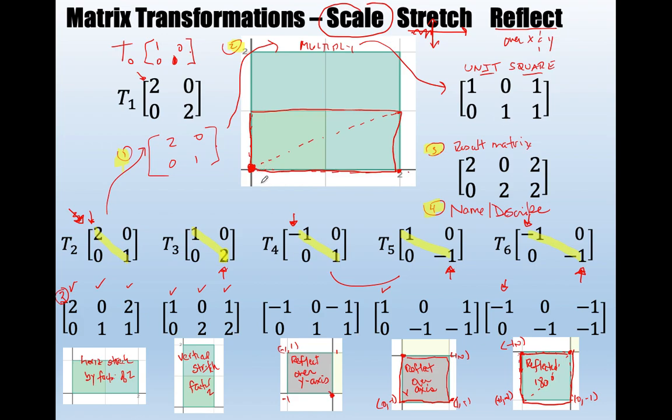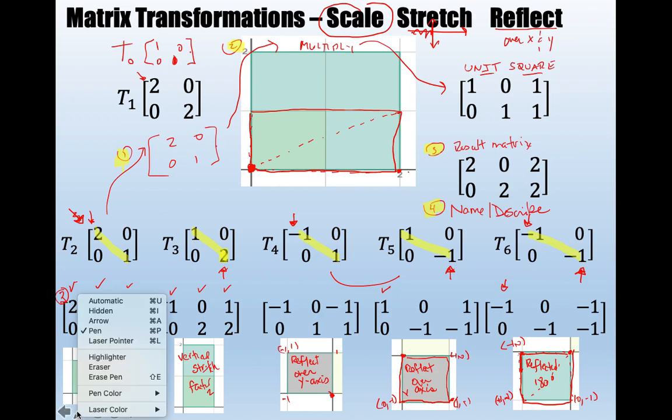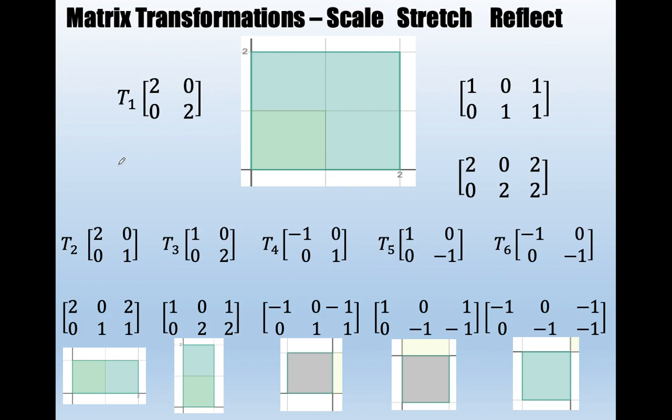So what if I did something like this then? What if I talked about a combo? What if I said, here's another transformation, and this transformation matrix looked like this. I could write this in function notation.